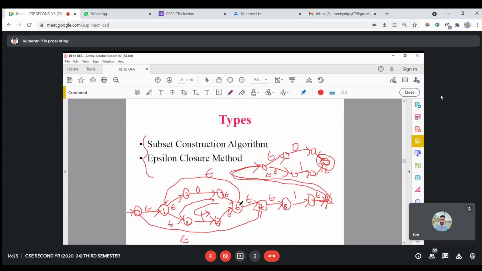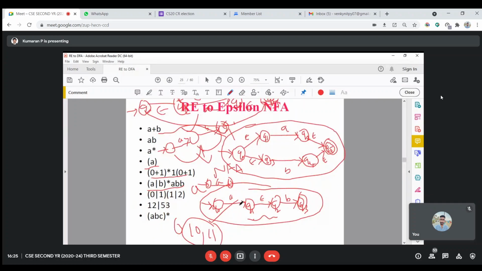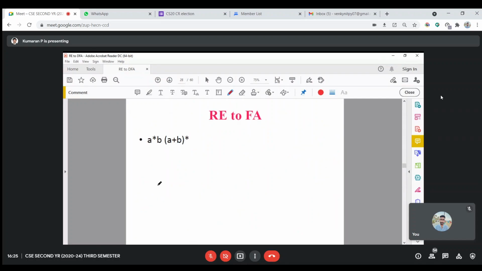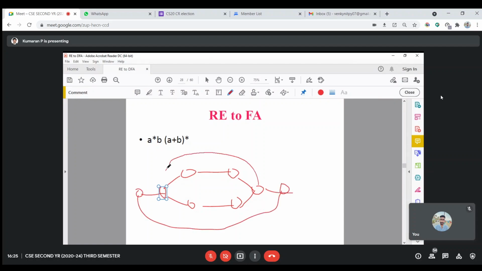With that, I'll stop this idea and I will move to the next discussion. So I will complete this one. (a+b)*abb. Very simple. (a+b)* whole star, right? So okay. This is the structure for (a+b), and this is in star. So from starting to ending, we have a self loop. Okay, so this is an a, this is a b. (a+b) whole star followed by abb.